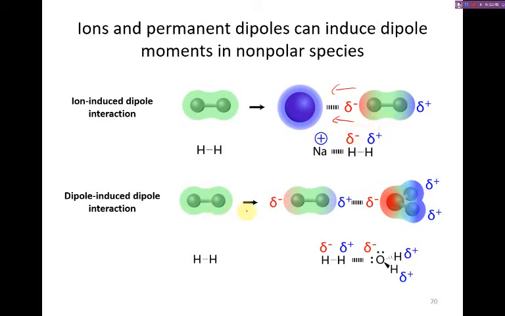We can achieve a similar effect when we bring a polar molecule near the hydrogen molecule. If we bring water near it, it's going to repel the electrons away from the oxygen side of the water molecule, inducing a temporary dipole.